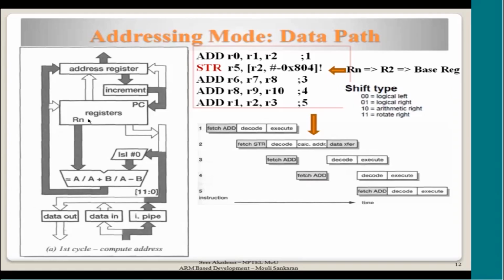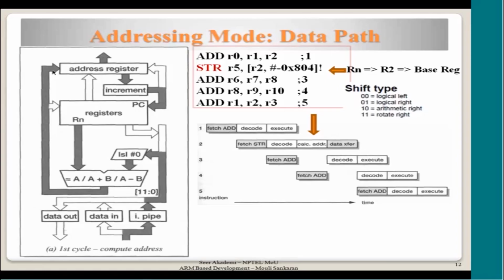Now this address register, where is it taking inputs from? It is taking either from the incrementer, or from the register file, or it could come from the ALU. At one time only one of these input lines will be activated so that they drive the address into the register.